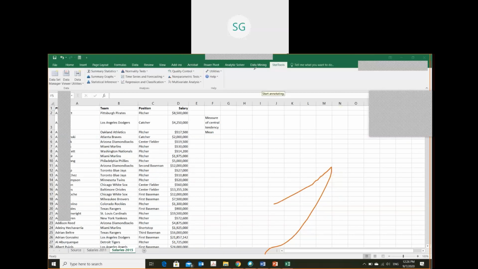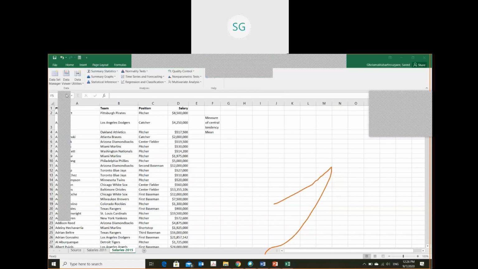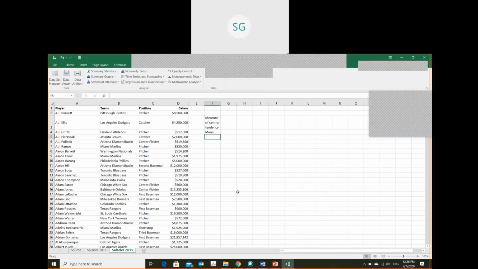Measure of central tendency, we want to calculate mean, mode, and median.